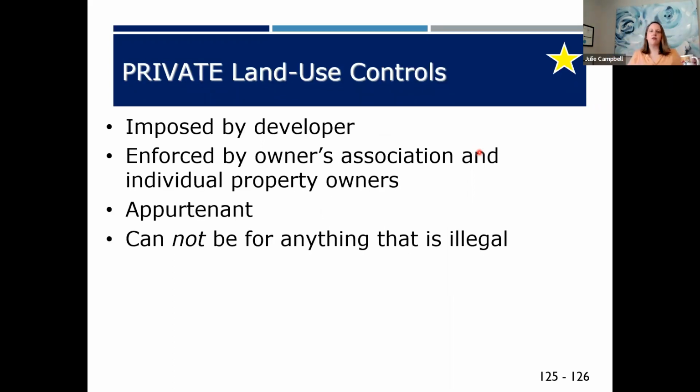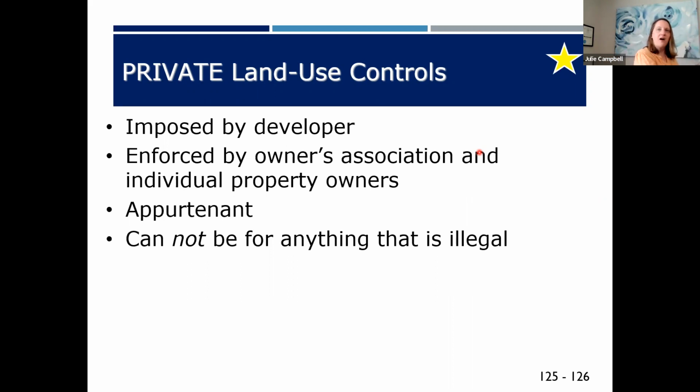Covenants are imposed and created by the developer. So when the developer creates a subdivision, they create the covenants, they create the rules. Covenants are appurtenant. What does appurtenant mean? They run with the land. So when the developer builds the last house and they leave, the covenants stay.